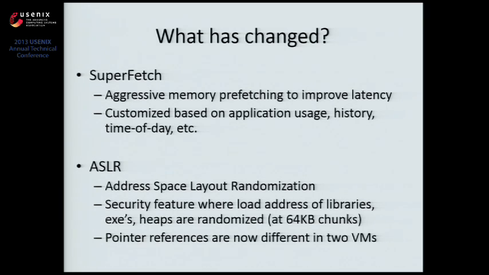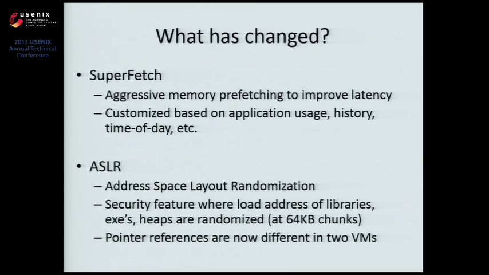This was added after XP for security reasons, and basically it randomizes the load address of executables, heaps, and so on. The effect of that is any pointers in your page to other heap locations or other libraries will change across two independent OS boots, right? So what this does is create lots of small holes in a page which are very different. That, added with Superfetch, makes two identical OSes very different.